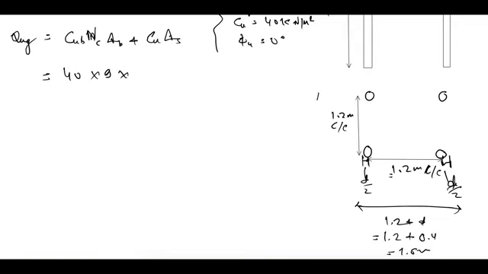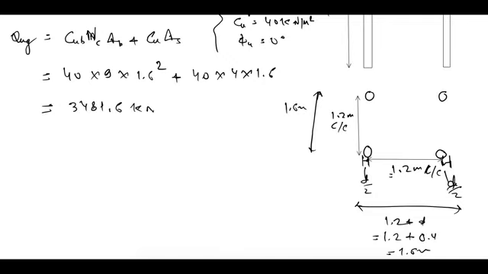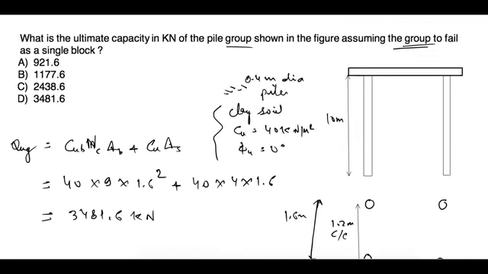Similarly on this side also it is 1.6 meter. So the area of base would be 1.6 square, that is the square area, and Cu again is 40 here, and the surface area would be 4 into 1.6 for the square shape. From here this value comes out to be 3481.6 kilonewton. So that is also, I think, a direct and easy question.